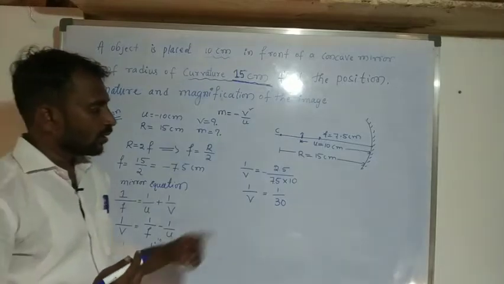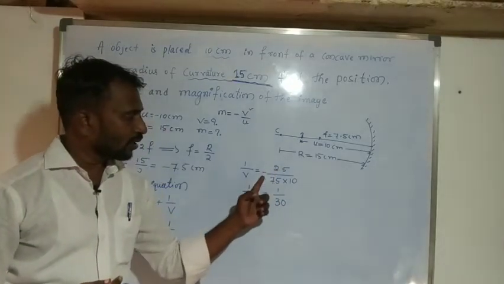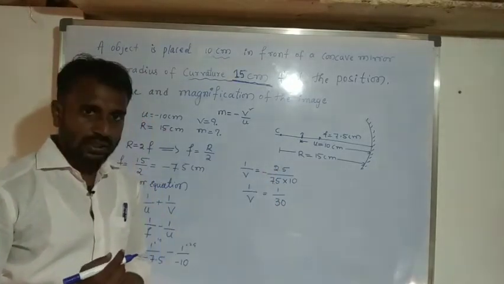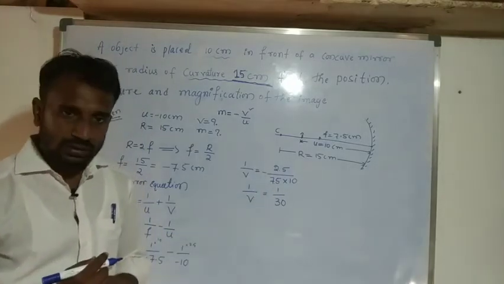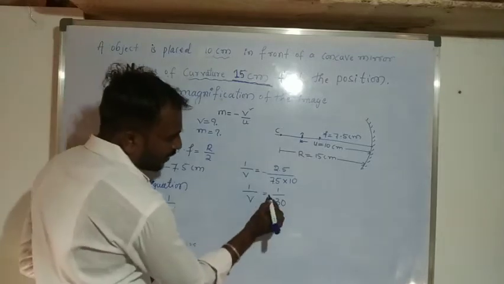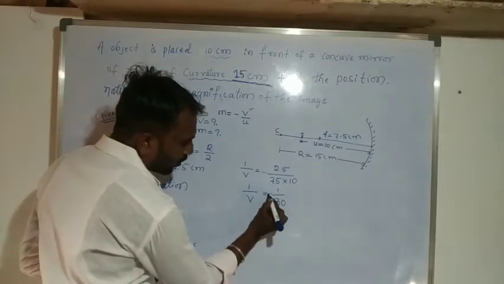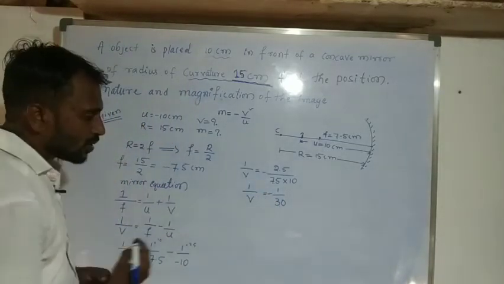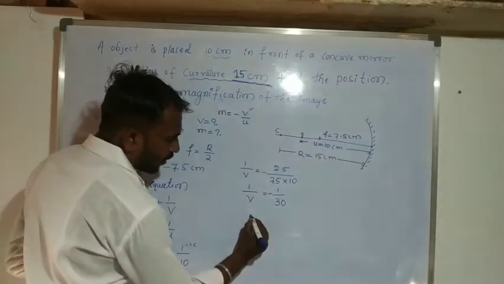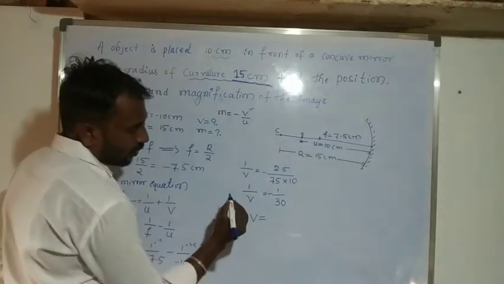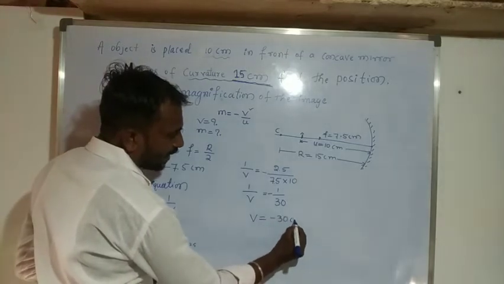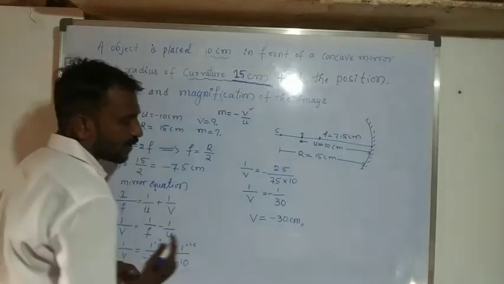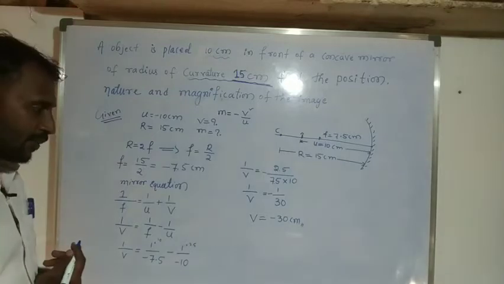It is negative, so v is equal to minus 30 centimeter.